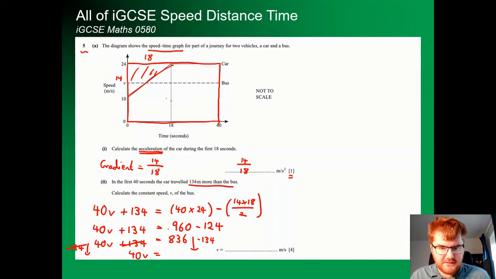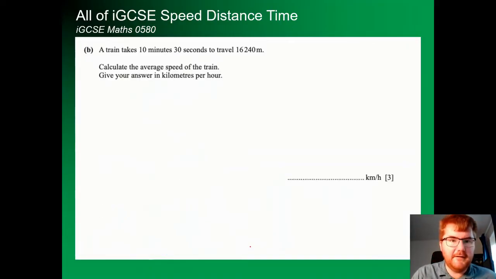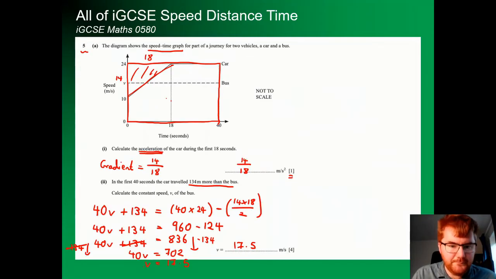Just make sure we've done this all correctly. And then we divide by 40. And that gives us 17.5 for our final answer. Perfect.